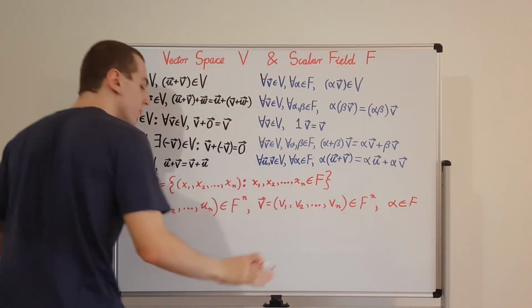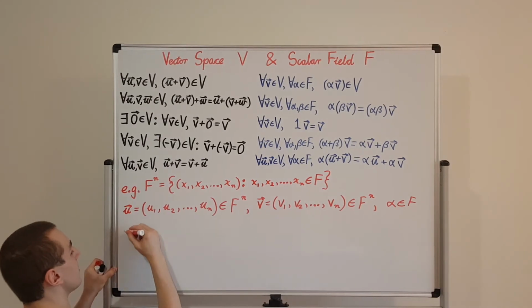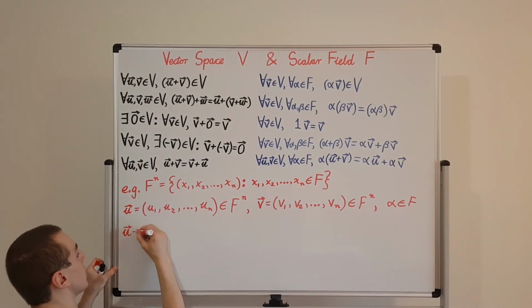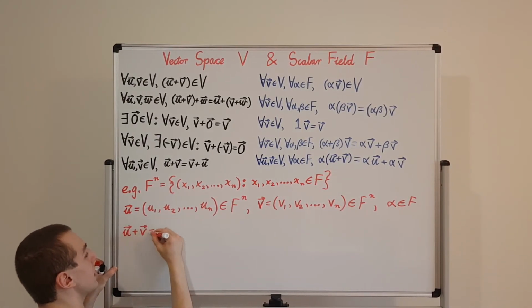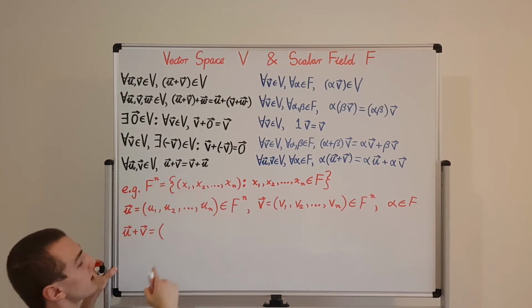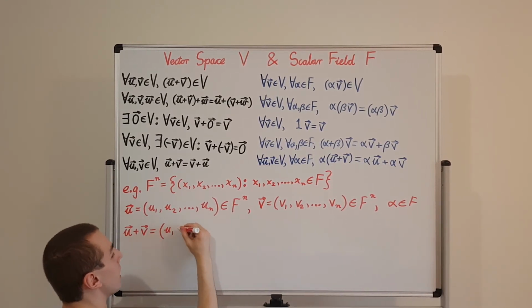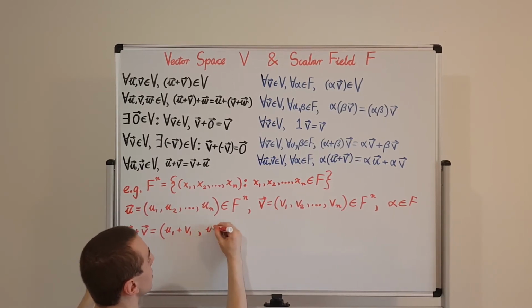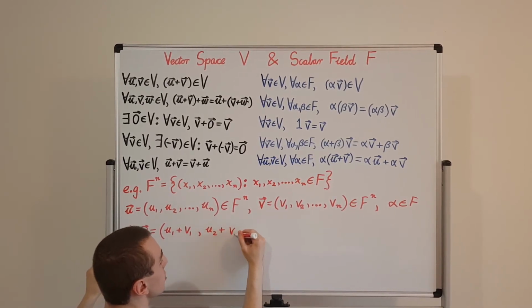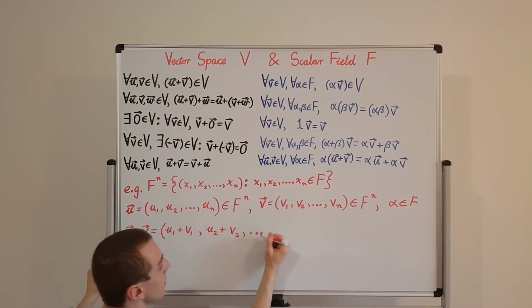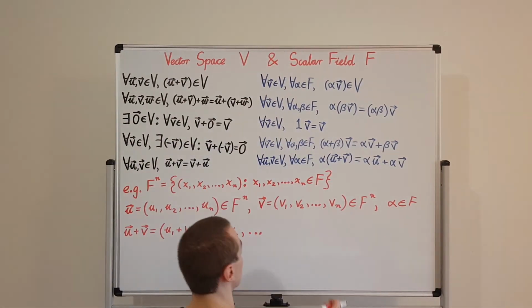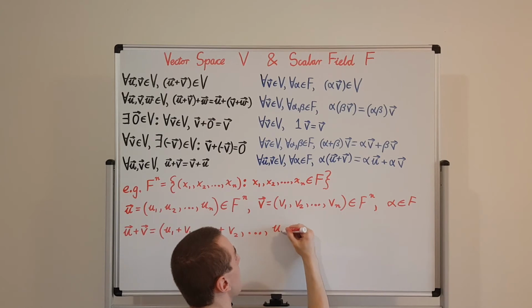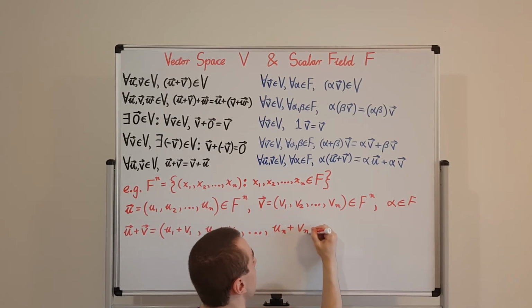So if we want to add two vectors together, u plus v is going to be equal to, each of the components are going to be added individually. u1 plus v1, then a comma, u2 plus v2, and we're going to go all the way up to the nth term, which is un plus vn.